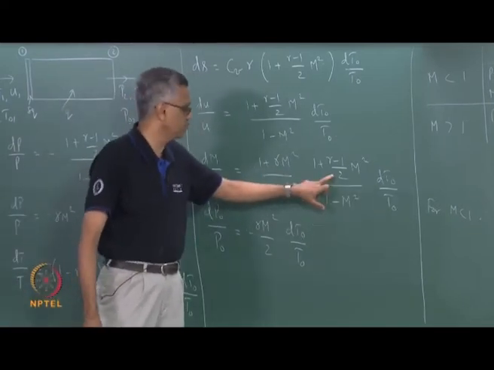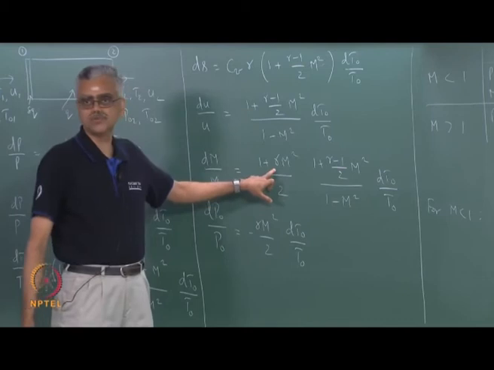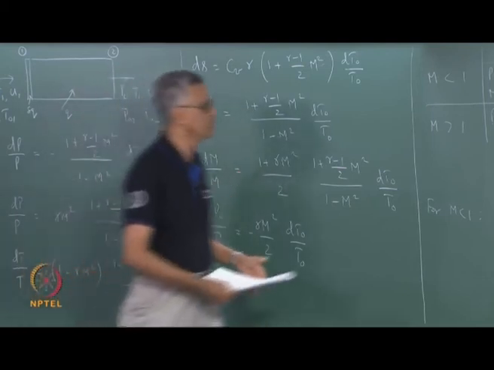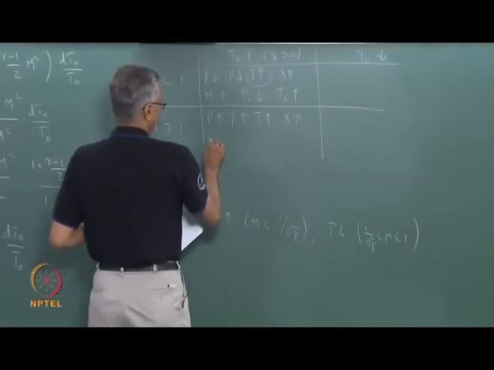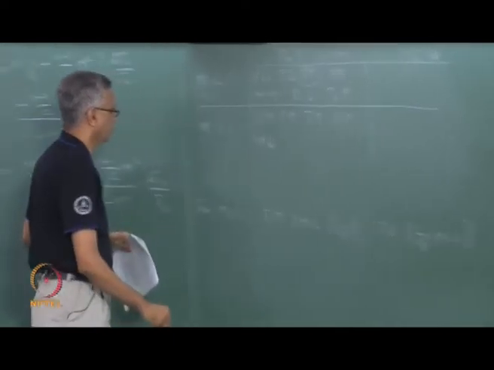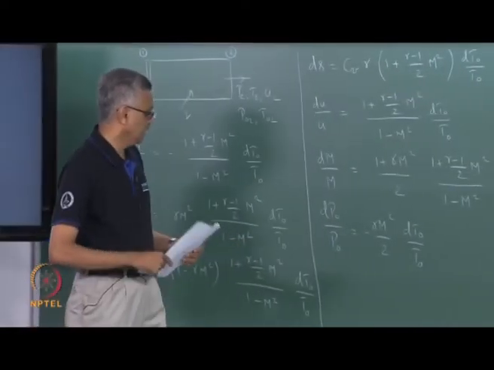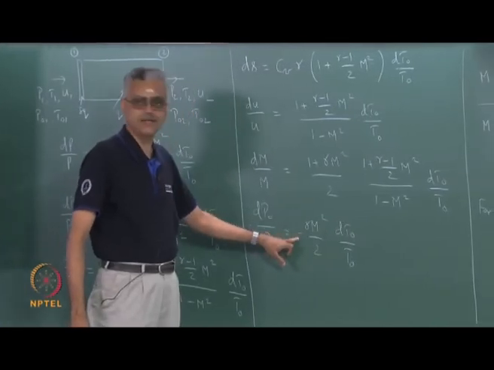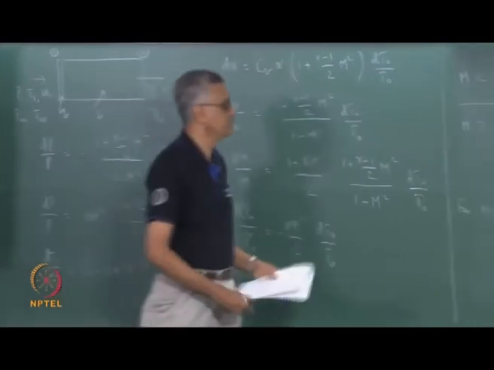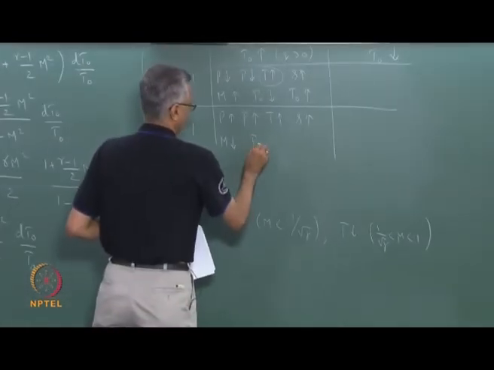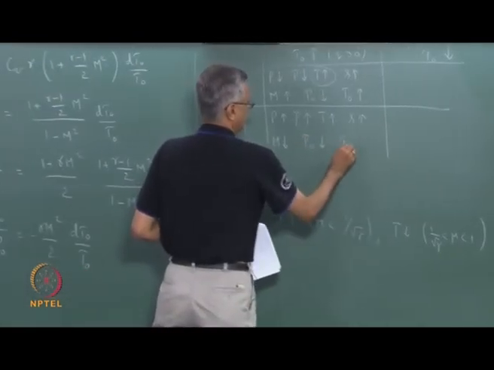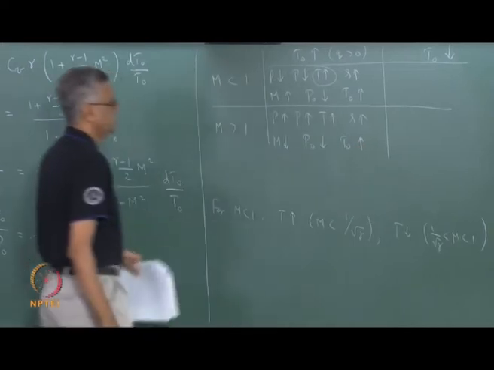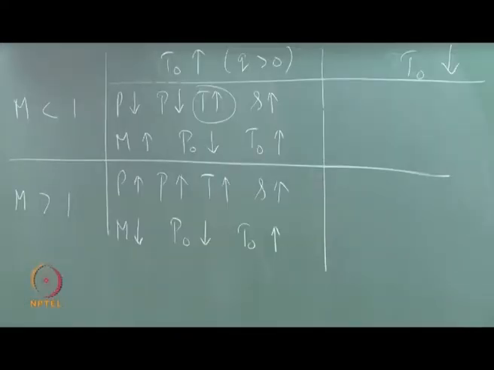This is positive, this is negative, this is positive, so dM is negative, so that means the Mach number decreases. And P naught, again positive, this is positive but there is a negative sign in front, so stagnation pressure decreases in this case also. And just for the sake of completeness, we will say T0 increases.